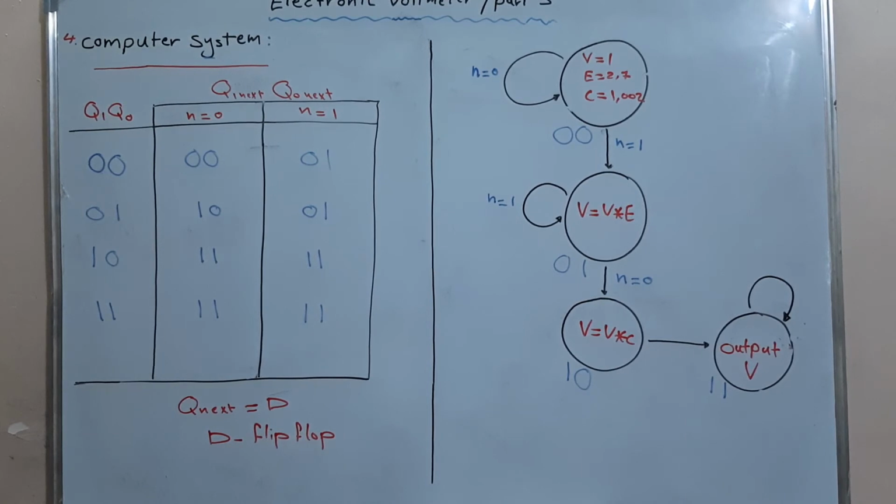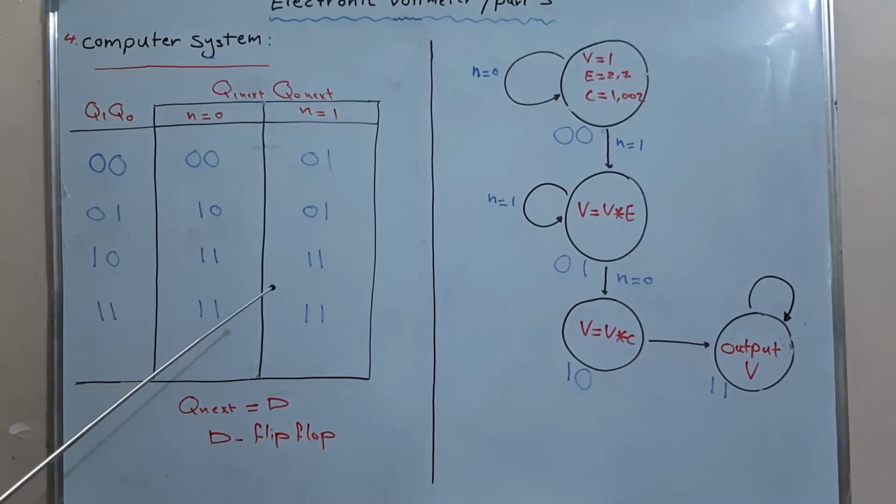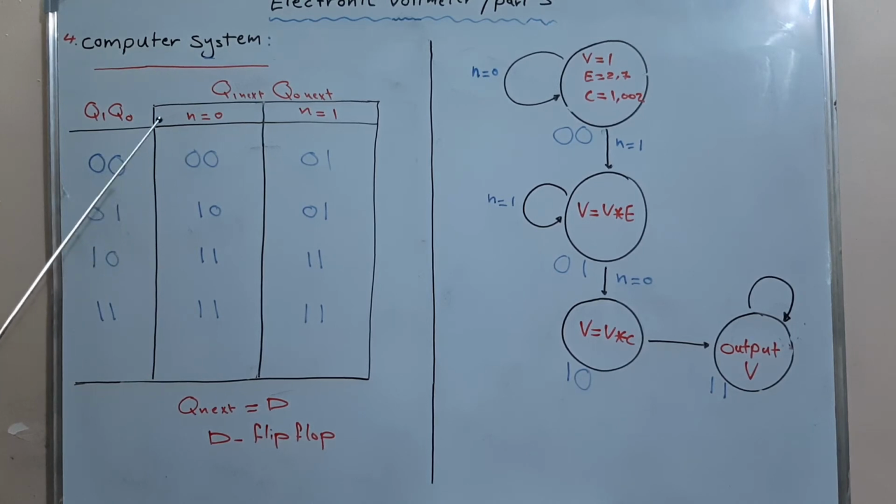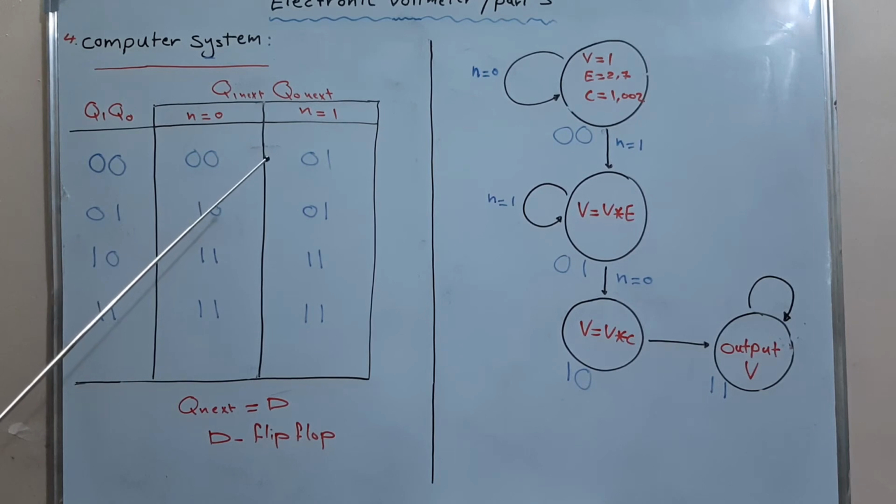As a simplification of this diagram, we will use this table, which is called the next state table. It's composed of 3 columns. This column is for the current state, and these 2 columns are for the next state. As you see, the first state, which is coded by 00, will return to itself when n is equal to 0, and will go to the second one when n is equal to 1.